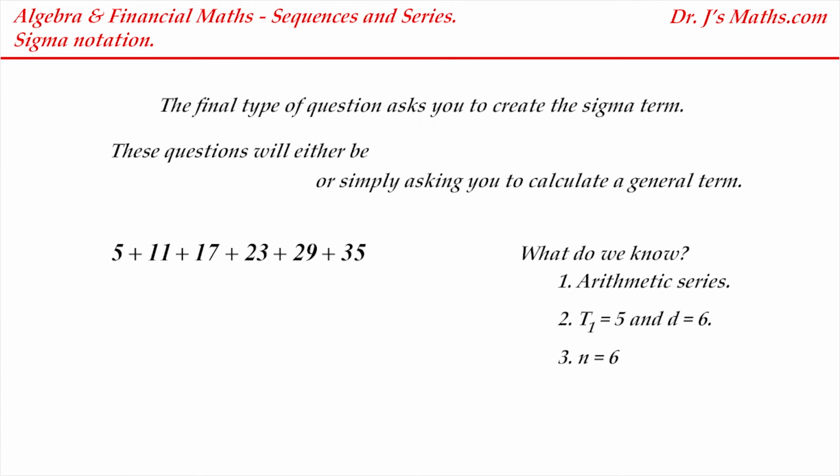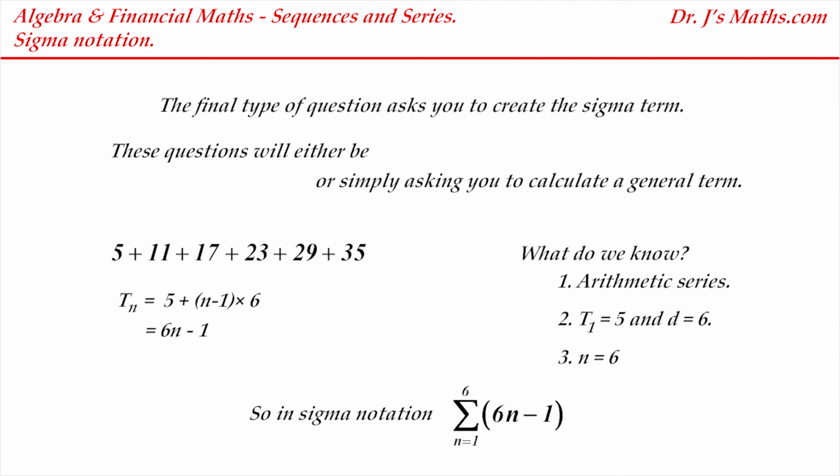So the nth term can be written as 5, the first term, plus n minus 1 times the difference of 6. Tidy that up, we have 6n minus 1. So now we can rewrite that in sigma notation because we're adding up those 6 terms. So it is sigma from n equals 1 to 6 of 6n minus 1. It's a little bit like the first one, but we've got one extra step.